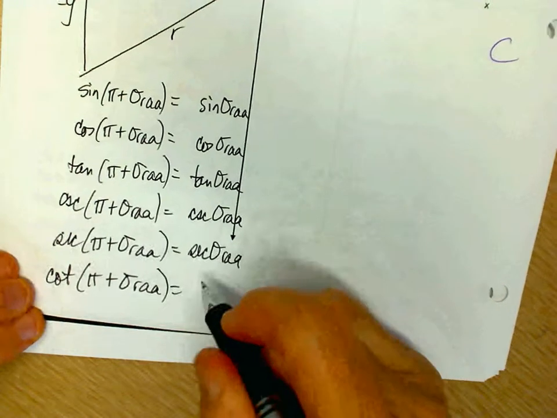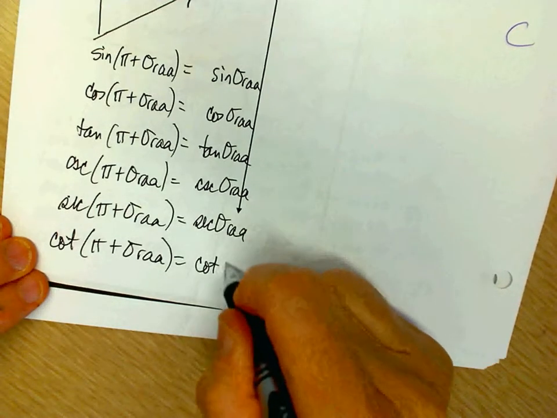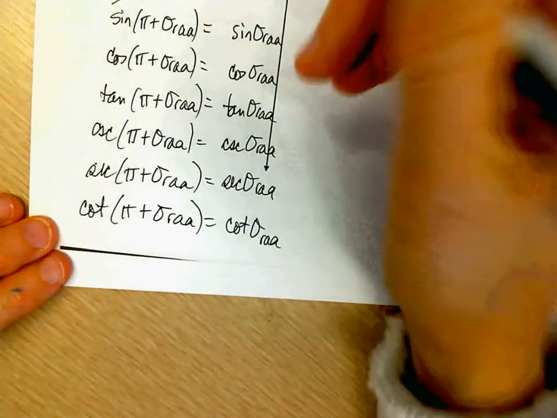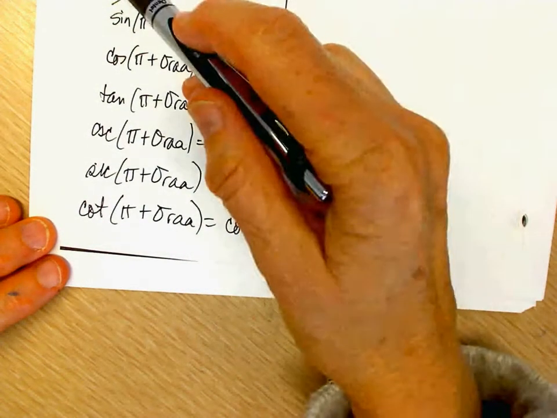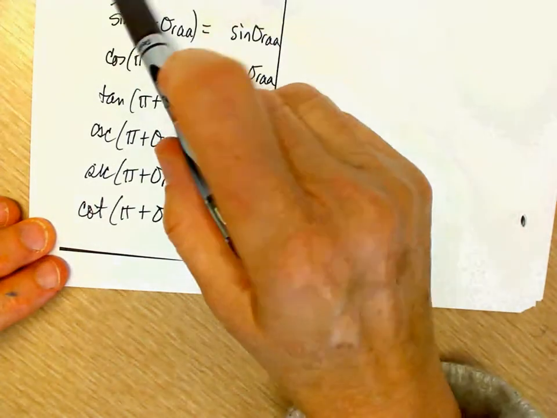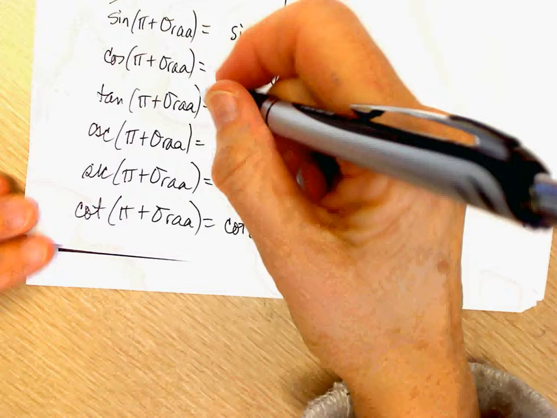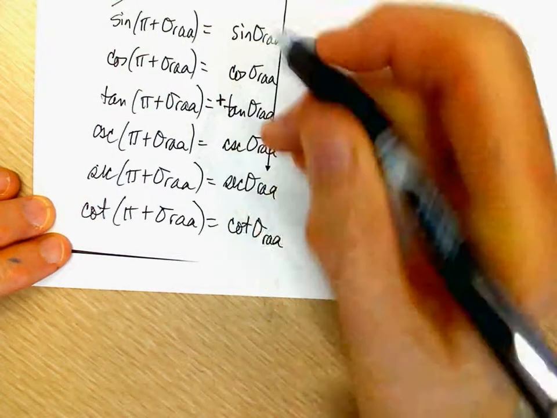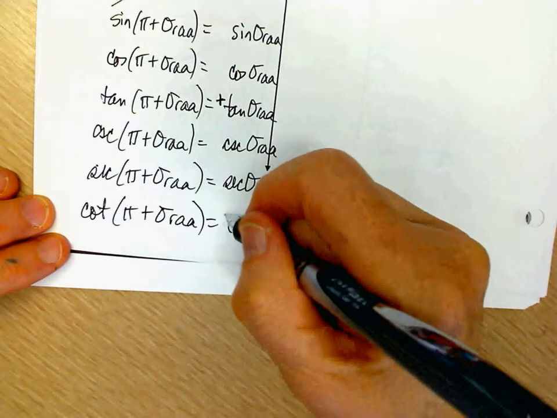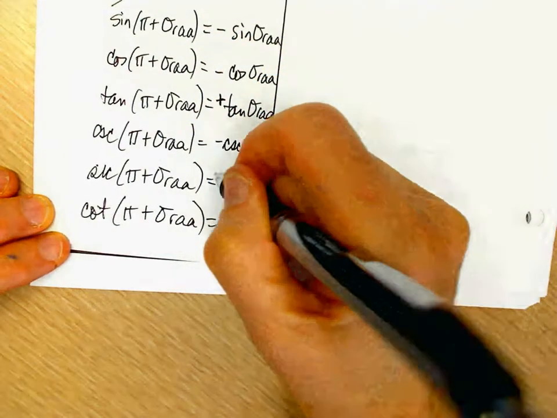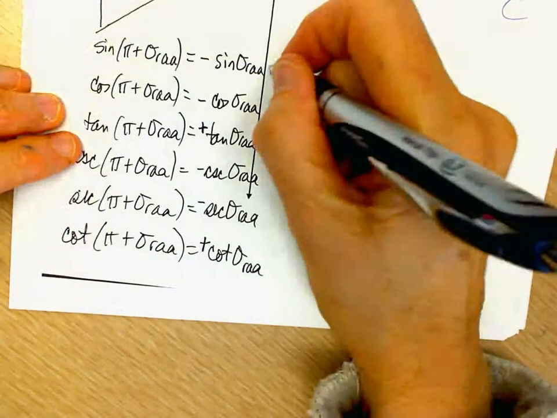Now, we know here, the only one that's positive is tan, because a negative divided by a negative is a positive. So tan and its reciprocal will be positive. The rest will be negative. So this will be negative y over r, negative x over r.